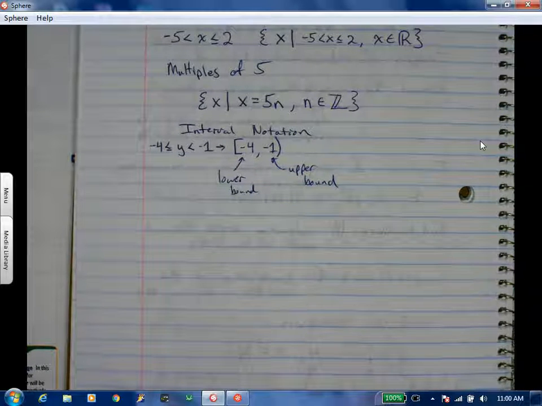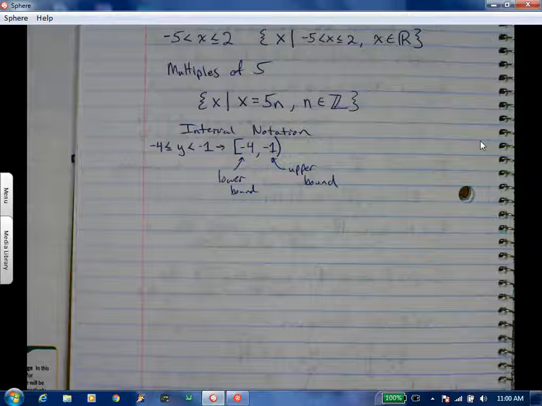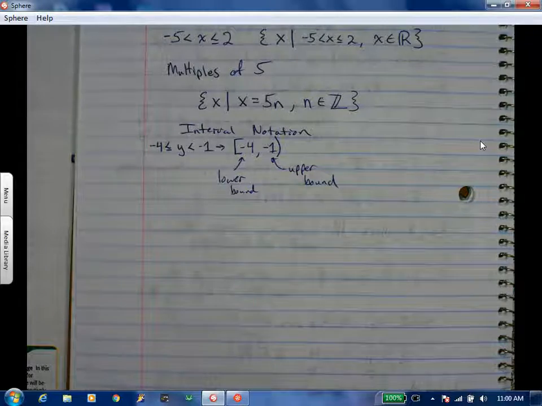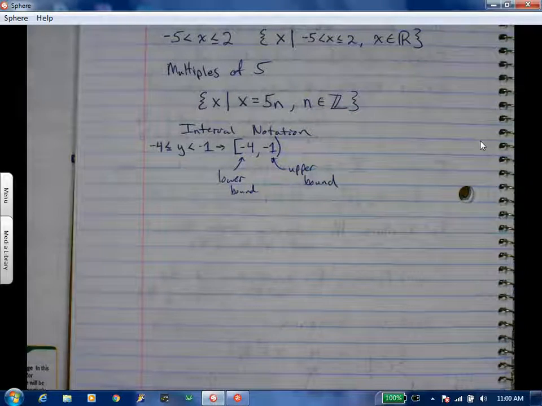Maybe this is your other question. Does 0.9 repeating equal 1? Yeah.